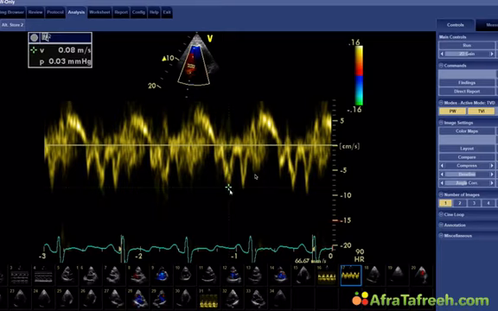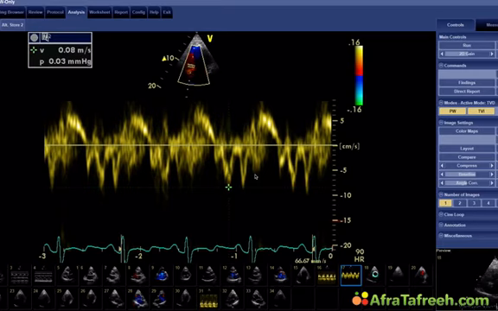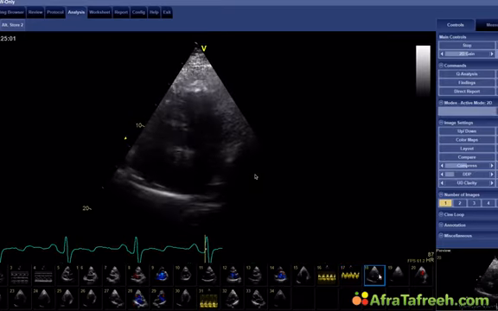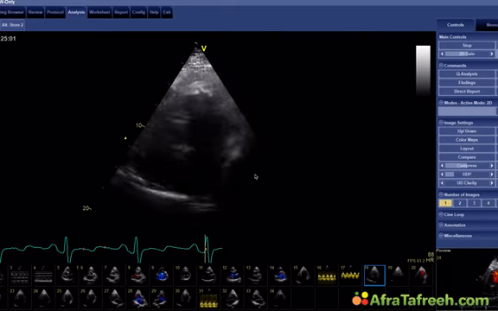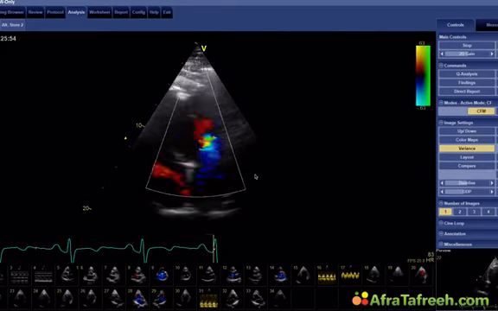So what does this mean? This means that he probably does not have very high filling pressures. At the first study, we did not perform a tissue Doppler at the mitral annulus, but here now, 3 years later, we did, and at least we can say at this time point, his filling pressures were not very high. Okay, so this was the image at follow-up, and we were very happy because he was doing fine.